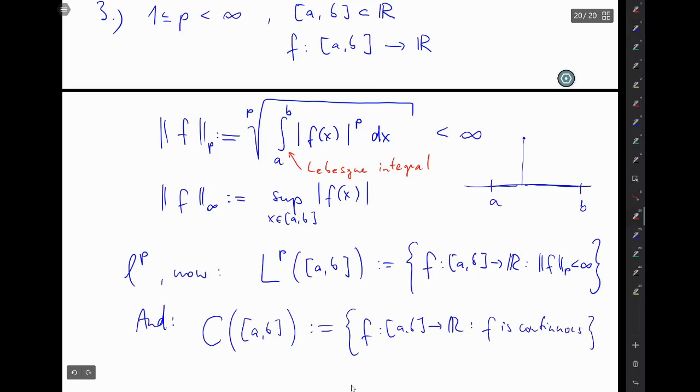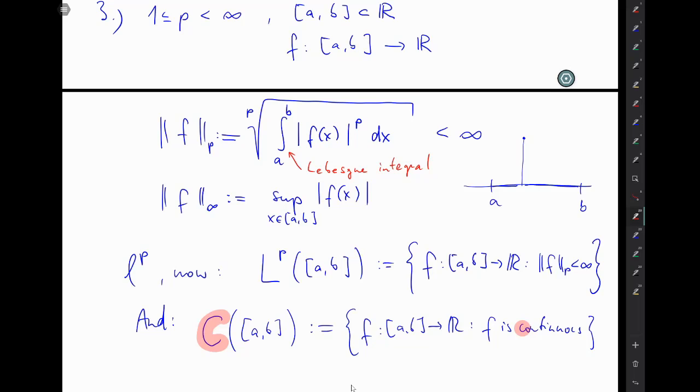So this C here is for continuous. Okay. Again, all of these sets turn out to be vector spaces. So if you add two of their elements, you get another element from the same class, right? So the sum of two continuous functions is a continuous function, and so on.